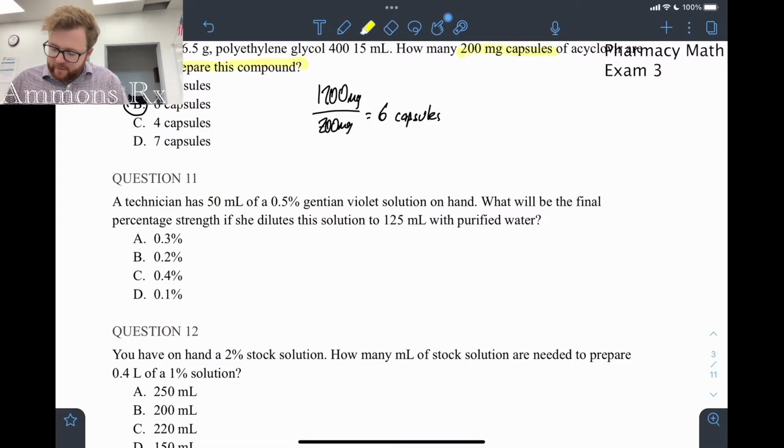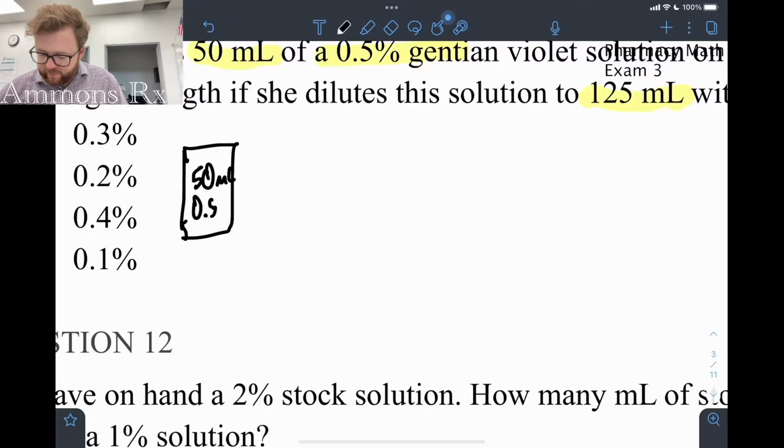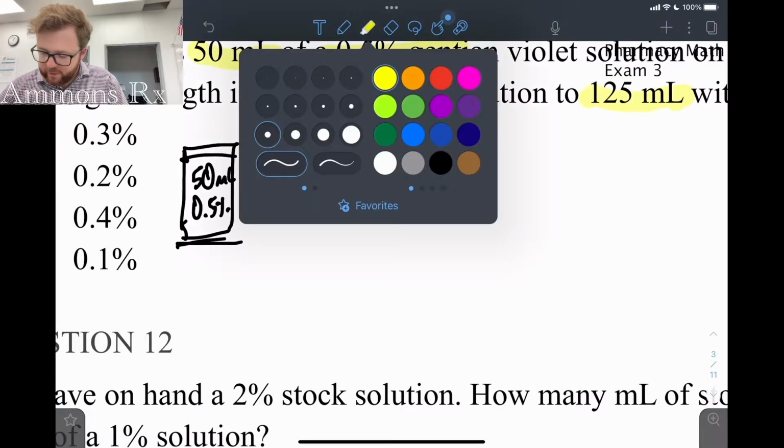A technician has 50 mils of a 0.5%. What will be the final percent strength if she dilutes it to 125? So just remind yourself, in this problem, we have 50 mils of a 0.5%. Okay? So just remember that this is already diluted.